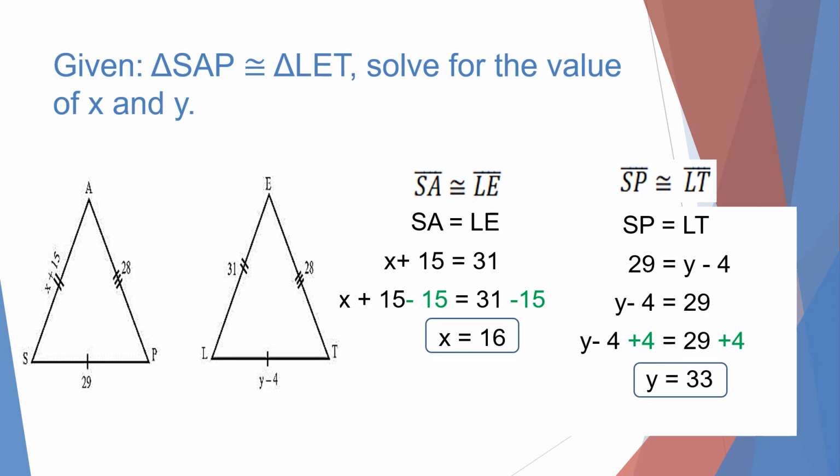So take a look of the solution for this second example kasi madalas ganito yung may encounter ninyong problem when it comes to solving triangle congruences. So mahalaga lang natatandaan ninyo kapag congruent sila, equal ang measures nila.